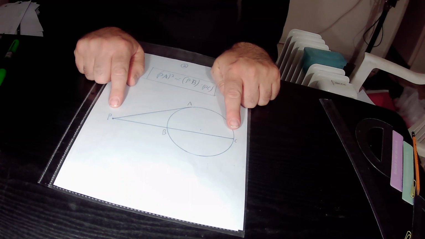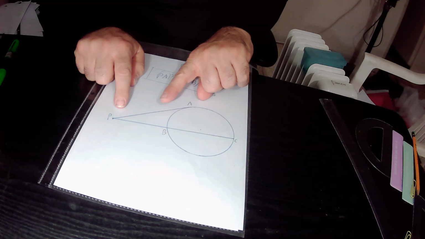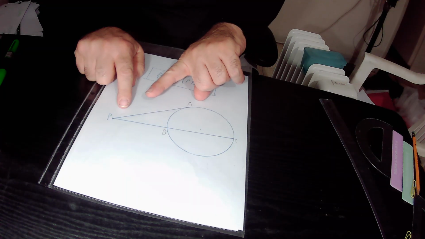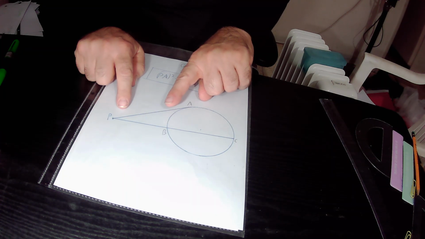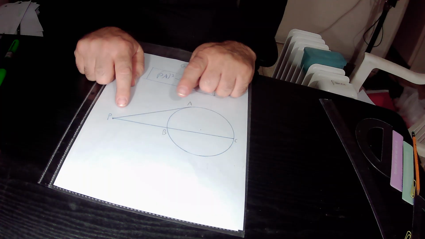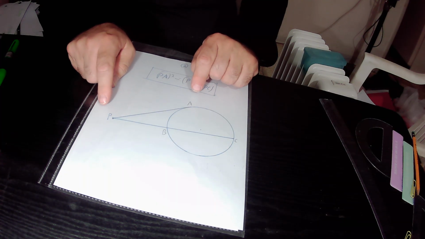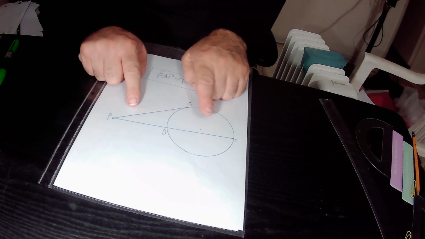The product of the external part times the length of the secant in total is PB times PC, and PB times PC equals the length of the tangent squared, that is to say PA squared.